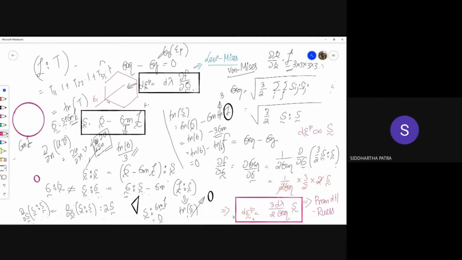For this entire flat surface, there is a single normal to the surface. But the deviatoric stress, if this was the center of the deviatoric plane, keeps on changing. So in this case, it is not proportional to the deviatoric stress. But with von Mises criteria, you have this relation: the plastic strain increment is proportional to the deviatoric stress. Okay, so that can be obtained for von Mises criteria.